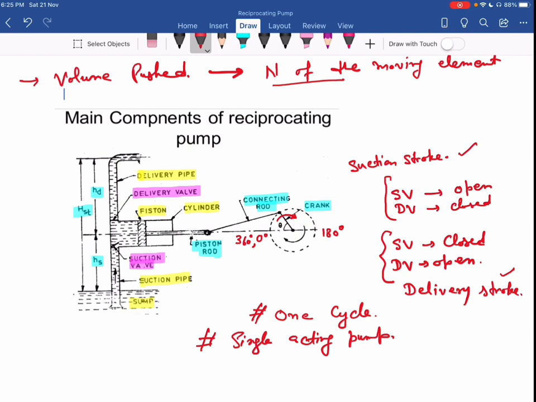So at that time, the suction valve is closed and delivery valve is open. So there is discharge available along the delivery pipe. Okay, so that completes the one cycle of the reciprocating pump, and this cycle goes on repeating, and accordingly we got the delivery or the liquid during the delivery strokes. Okay, this is how this pump works.